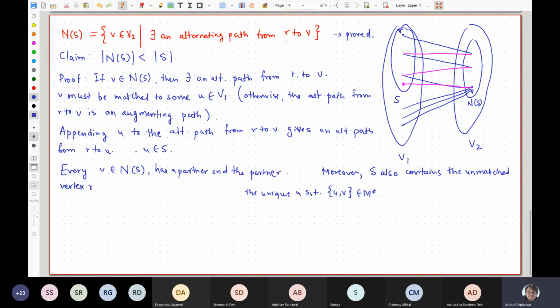Everybody in NS has a partner and that partner is in S, and moreover S also contains the unmatched vertex R, which means S contains at least one more. Partner refers to the unique U such that UV is in M star. So therefore the size of S is strictly greater than the size of NS.